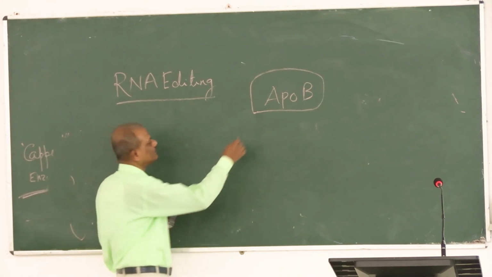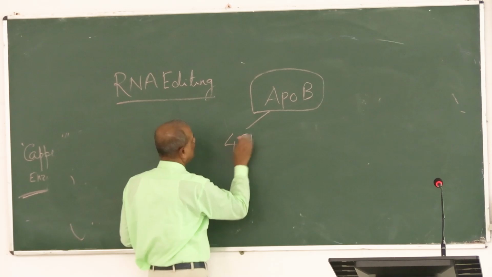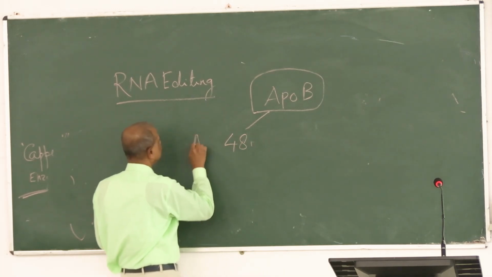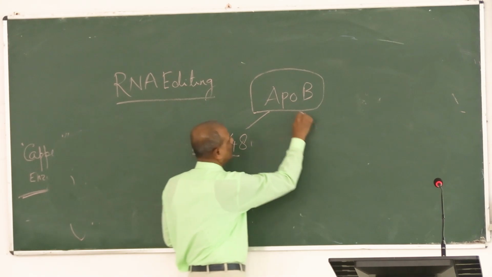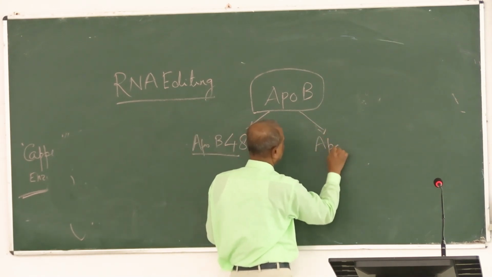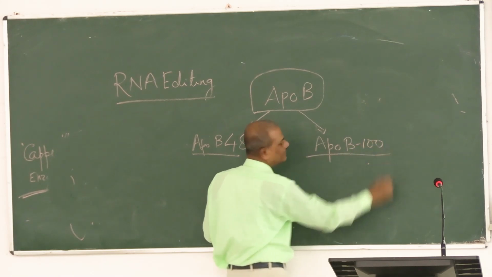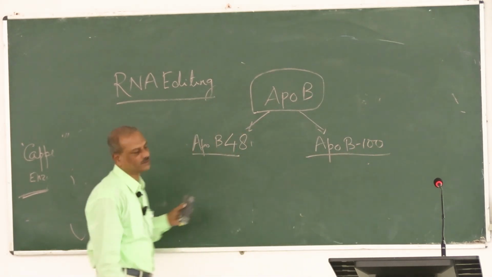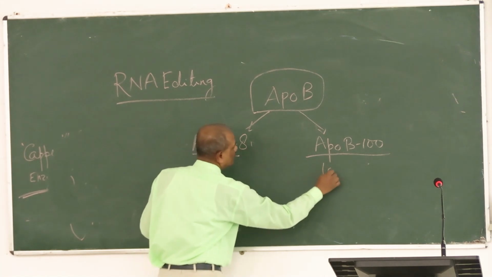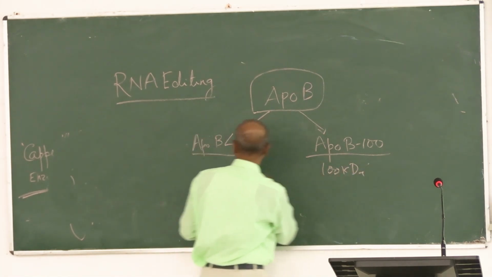You know, there is ApoB 48 and ApoB 100. ApoB 100 means the molecular weight is 100 kDa, and this is 48 kDa.